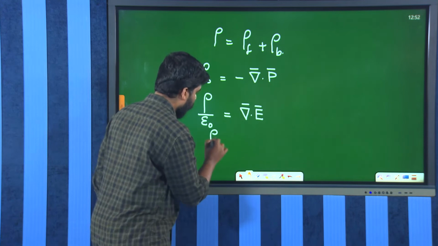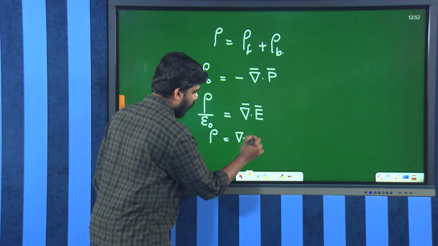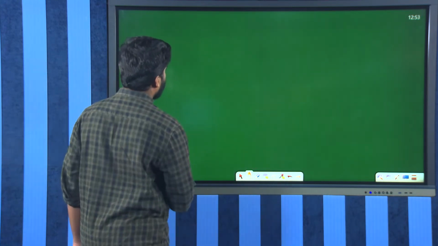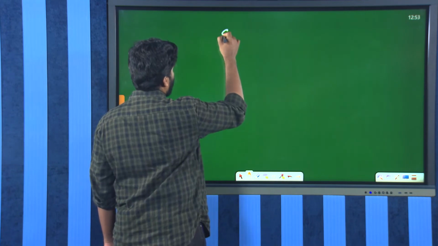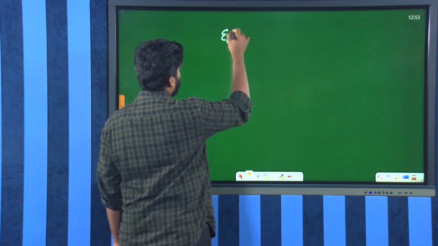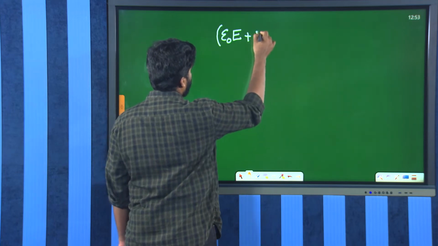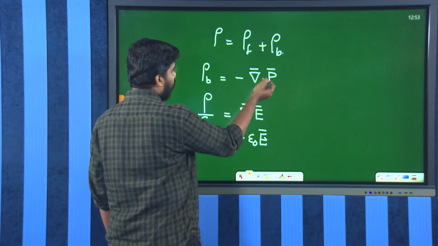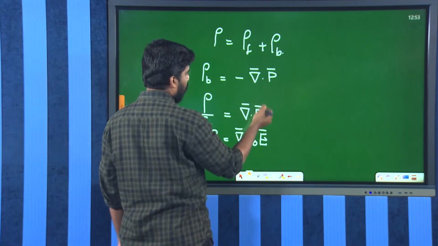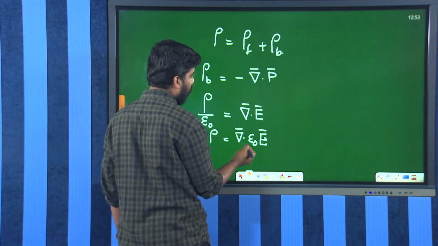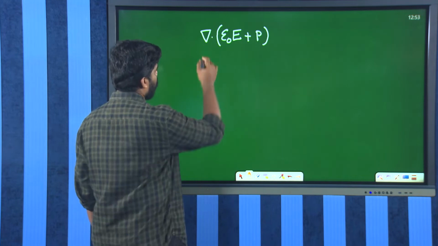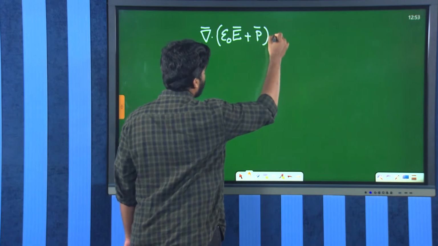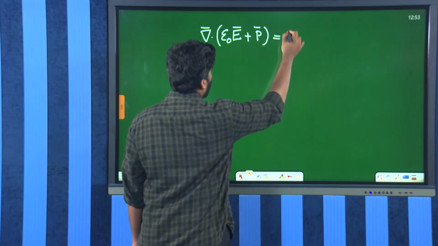So I can write rho is equal to del dot epsilon 0 E. Now I can rewrite the equation, substituting these values: for rho b I substitute minus del dot P, and for rho I substitute del dot epsilon 0 E. Since there are common factors, I can write del dot epsilon 0 E plus P is equal to rho f.